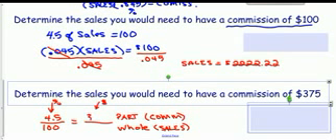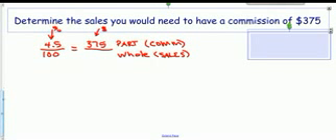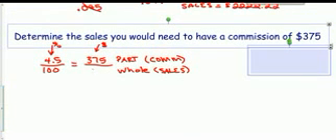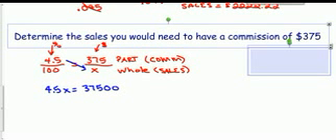And the top number is the part that is equivalent to the 4.5%, which in this case is the commission. And so the 375 goes in the numerator of this problem, not the denominator like we did earlier, because in this case it's the commission we know and the sales we don't. So just like before, because it is a proportion, I can find those cross products. 4.5 times x equals 375 times 100.